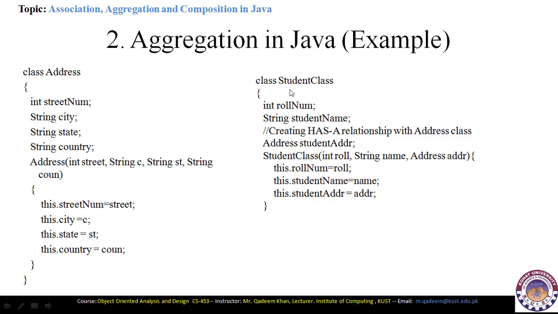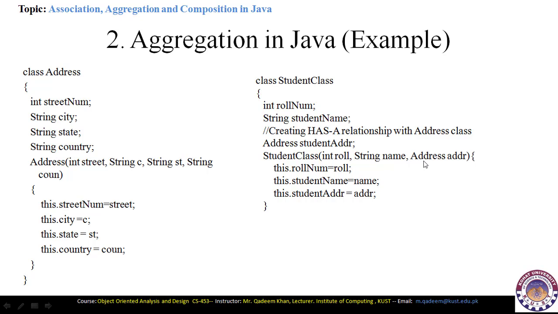Now we will create another class, Student. Int roll number, string student name, and here we are creating the has-a relationship with the Address class. We have the Address class here with the constructor. So the Student class has a constructor: int roll number, string name, Address addr. Addr is the address here.